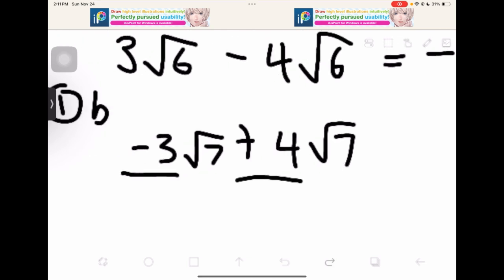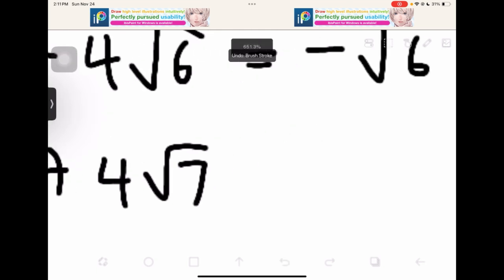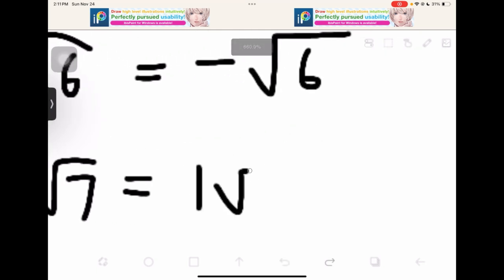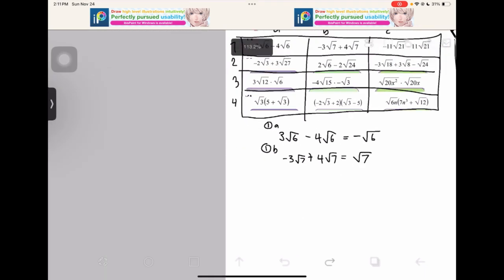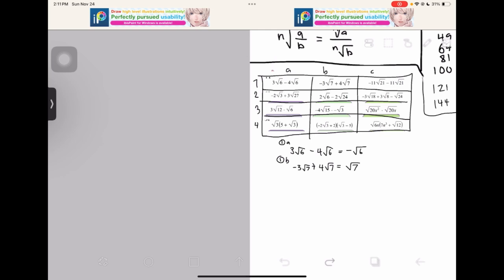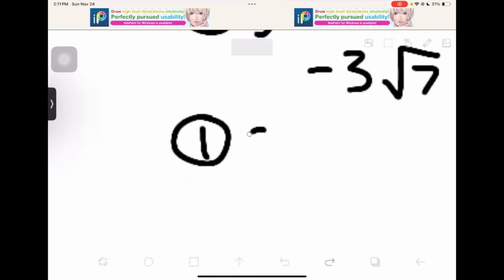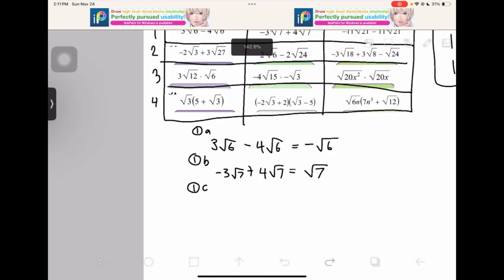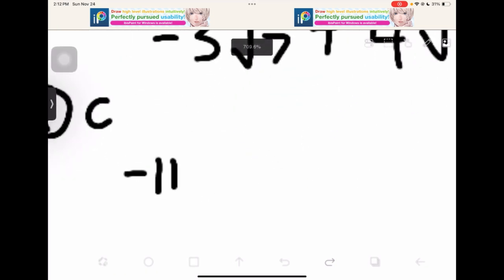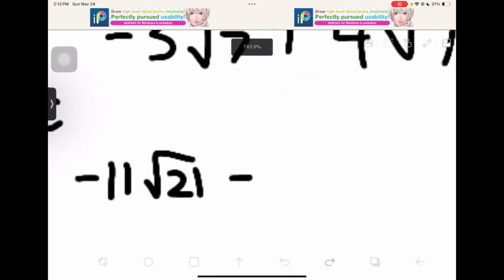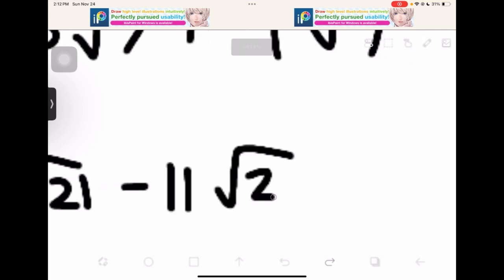Negative 3 plus 4 is just 1 square root of 7. Or just simply square root of 7. Next is 1c. That's going to be negative 11 square root of 21 minus 11 square root of 21.